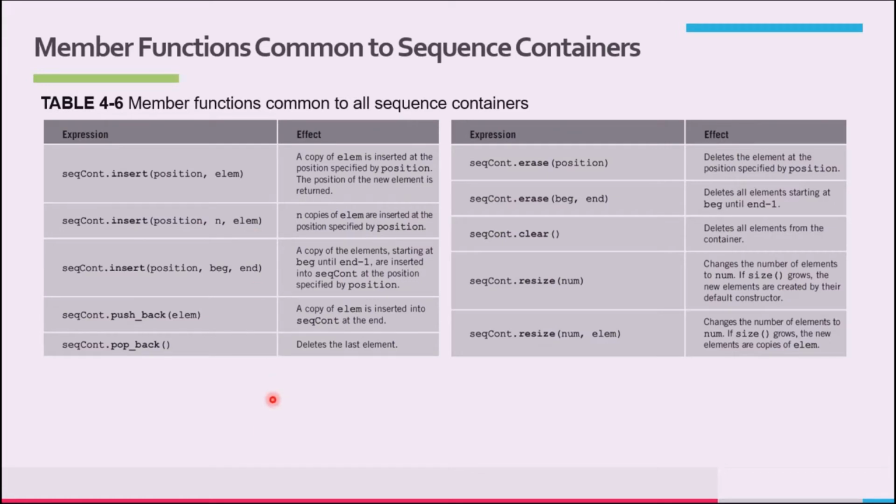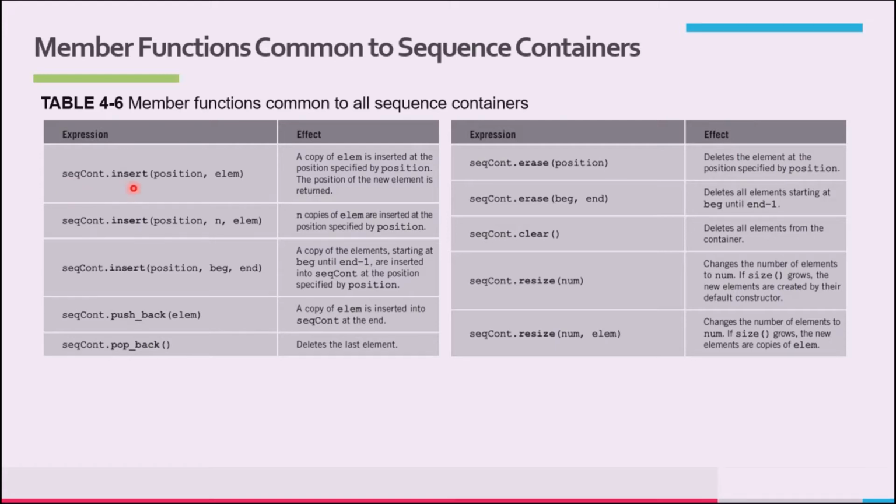Now, the previous section describes the member functions that are common to all containers. In addition, table 4.6 describes the member functions that are common to all sequence containers, that is, containers of type vector, deque, and list. Suppose that seq_cont is a sequence container.